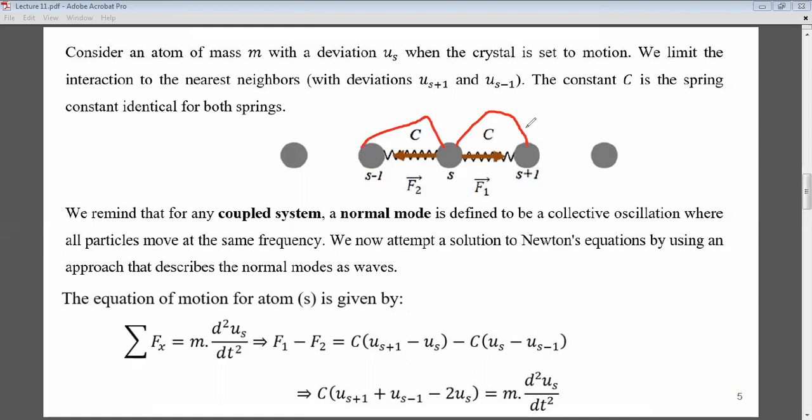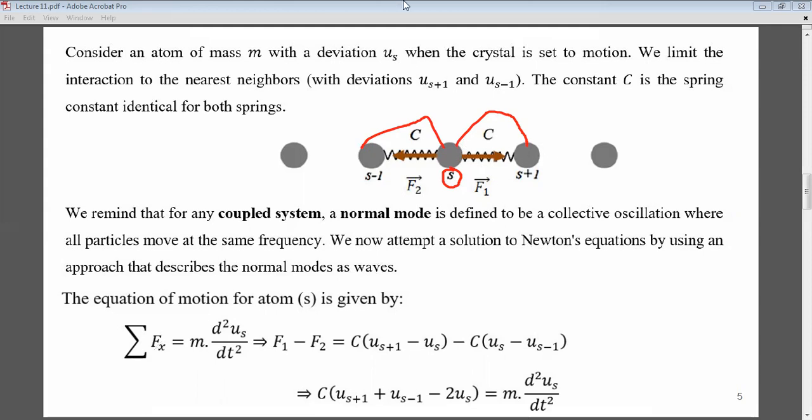Now here we will just apply Newton's second law. Newton's second law tells me the summation of Fx, and we only consider this atom s over here. The summation of Fx on this atom s is equal to its mass times the second derivative of us by dt squared. Now, what is the summation of Fx?